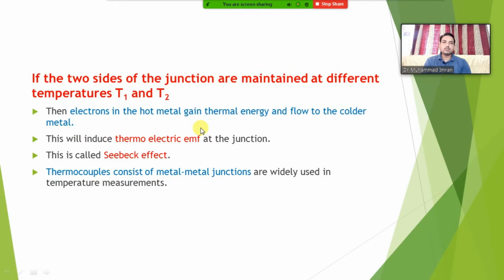This induces a potential difference inside the metal-metal junction, and this effect is called the thermoelectric effect or Seebeck effect. Thermocouples are based on the same phenomenon, having a metal-metal junction where both sides are subjected to different temperatures. Thermocouples are well known to physicists and are commonly used for accurate measurement of temperature, especially in the laboratory environment.